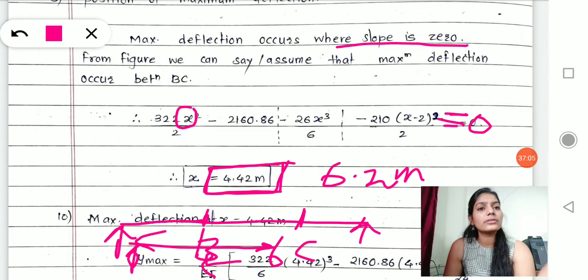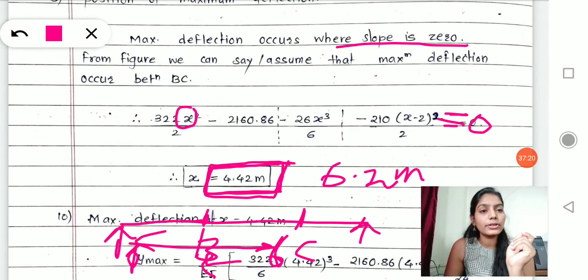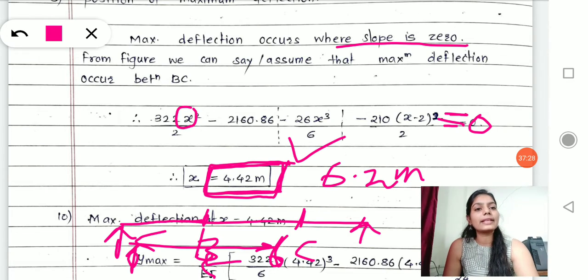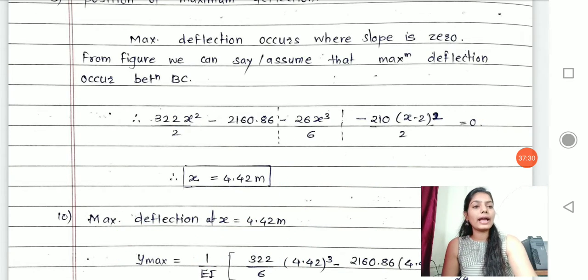Why? Because whatever I have assumed, that up to the 6 meter I will get slope equals 0, is not possible. That is wrong. But here my equation gave me a distance x equals 4.42 meter, which is less than 6 meter, which is within the region I have assumed. Therefore, I can accept this.